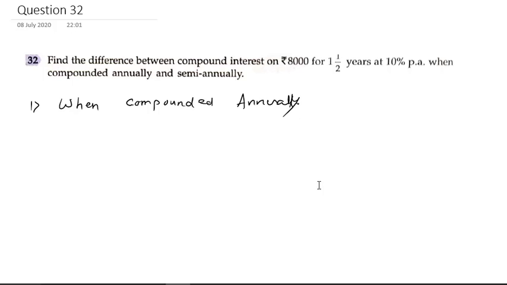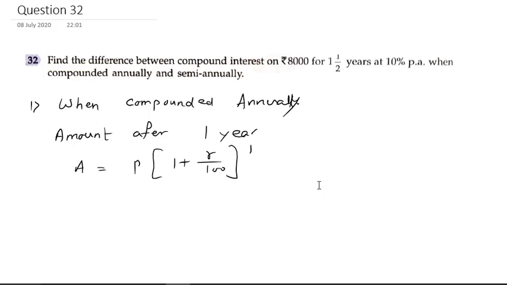Amount, because we have to find for 1.5 years, so we will find for 1 year and then half year. Amount after 1 year. So for amount after 1 year, formula is A equal to P into 1 plus R upon 100 power 1, because we are finding amount after 1 year.